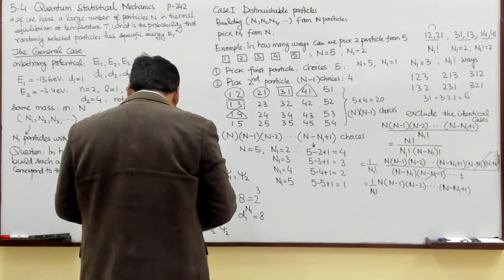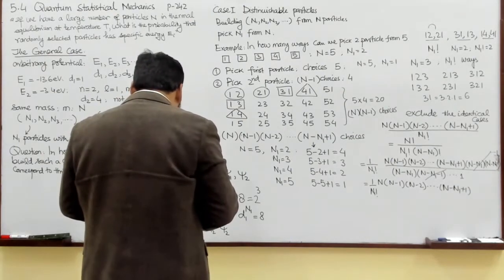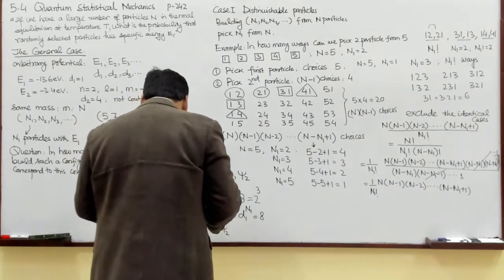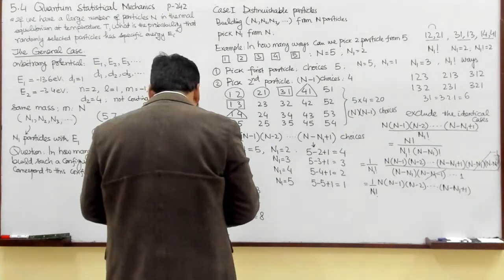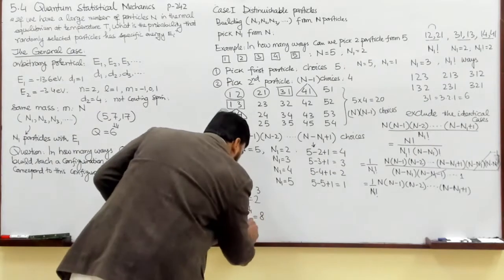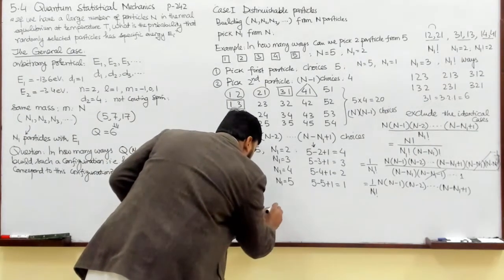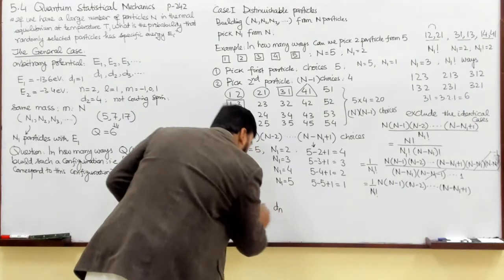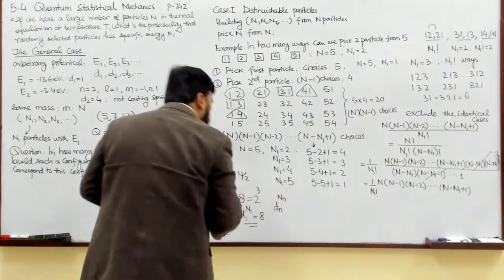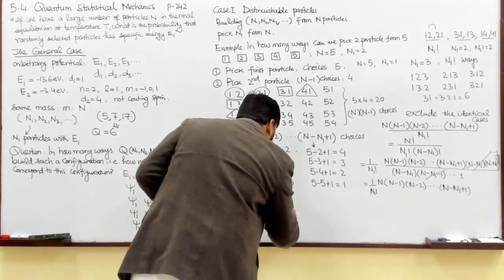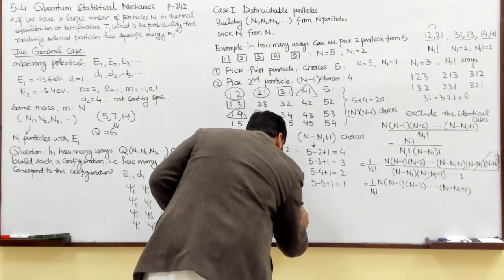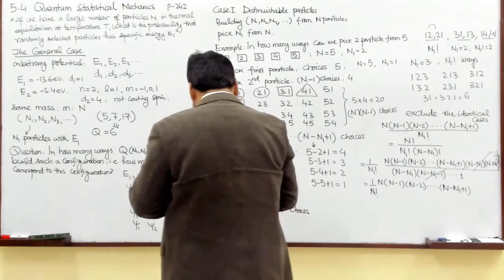So if I will have each particle 1, 2, 3 and has the choice of psi 1 or psi 2, so number of combinations will be 8, and generally I can write that with dn degeneracies and nn, the number of particles that I am placing will be the number of choices.